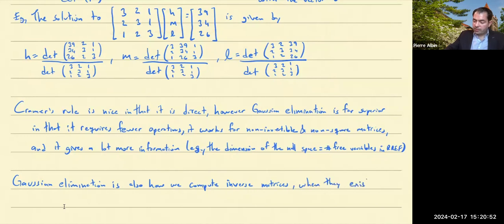Well, when the inverse exists, you can use Gaussian elimination to find it. And Gaussian elimination will also tell you whether or not it exists. So for example, suppose you wanted to find the inverse of the matrix, call it A, this same matrix, 3, 2, 1, 2, 3, 2, 1, 1, 3.